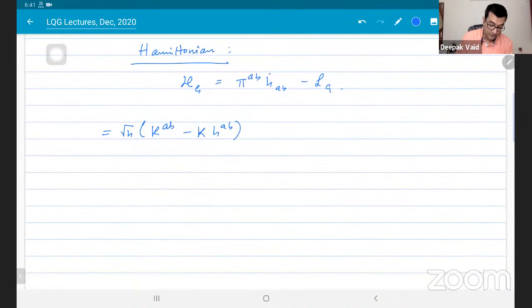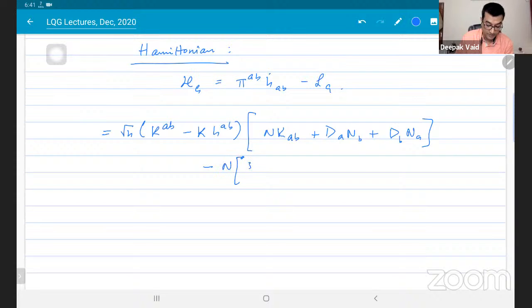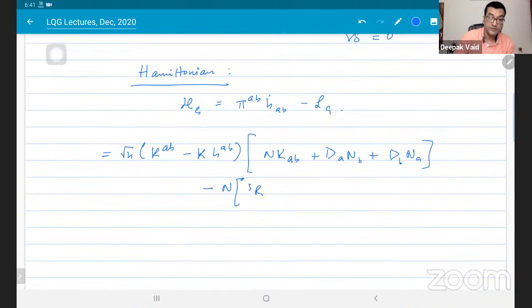So for h dot we substitute that expression and we get something like N times K_AB plus D_A N_B plus D_B N_A. And for the Lagrangian, we get N times 3R and what else was that?